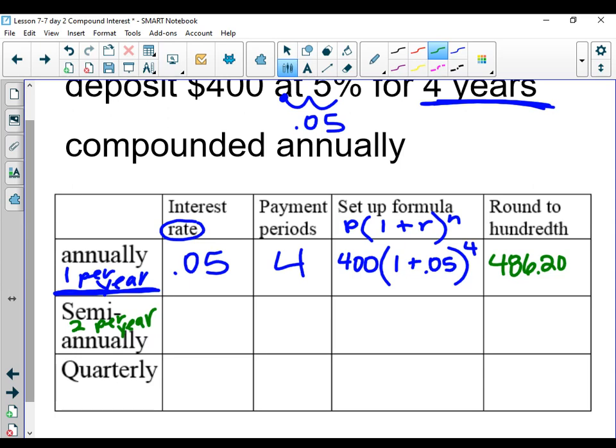So here's what Isabel does. This is a year, right? January to December. Layton gave us 5% for that whole year. Isabel says, I'm going to give you interest twice a year.